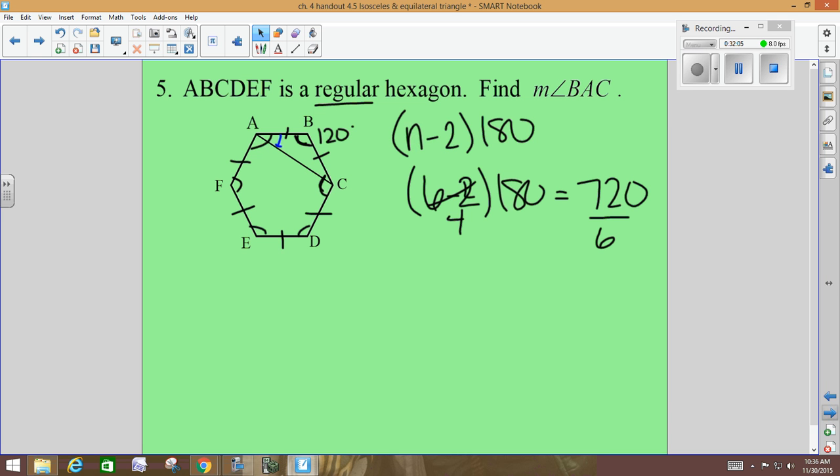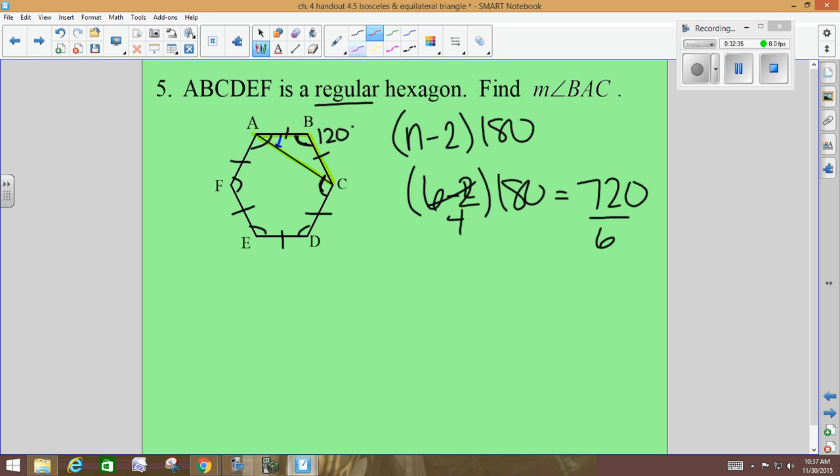60 left over for what? But 60 left over from what? Good. Triangle ABC has to add up to 180, all 3 angles. AB is congruent to BC, so if a triangle has 2 congruent sides, it also has to have what? 2 congruent angles.